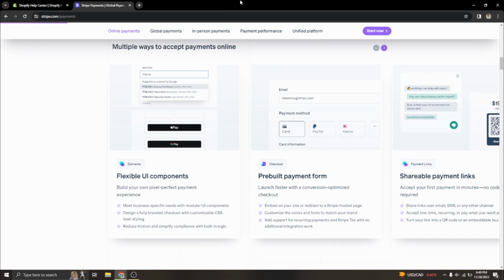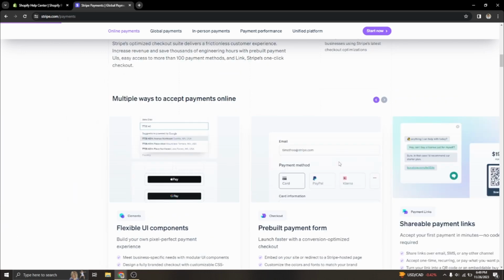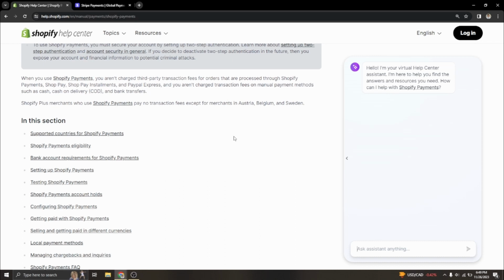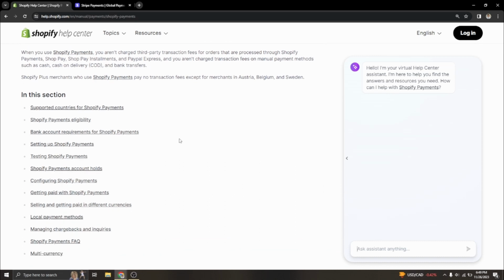In Shopify, you can use all major debit and credit cards, wallet payments internationally, and local payments, and also an option for manual payment and payment for pickup orders.